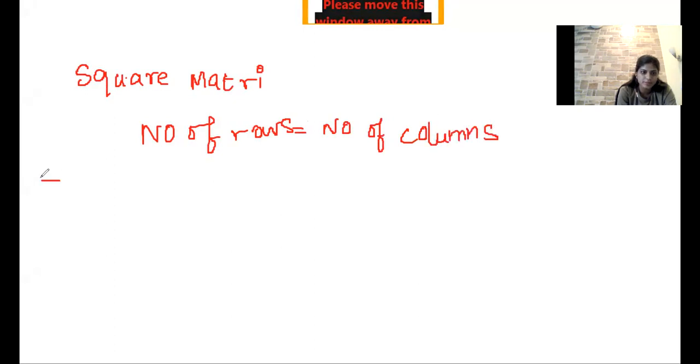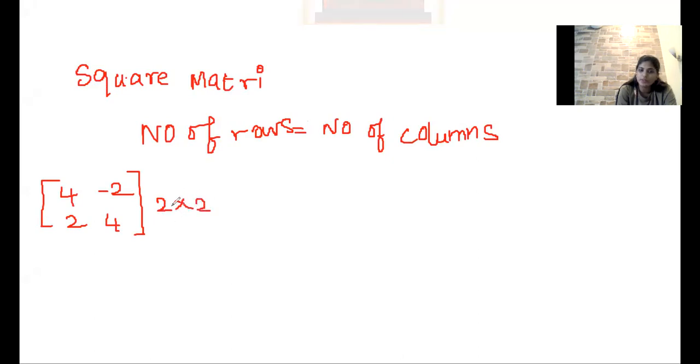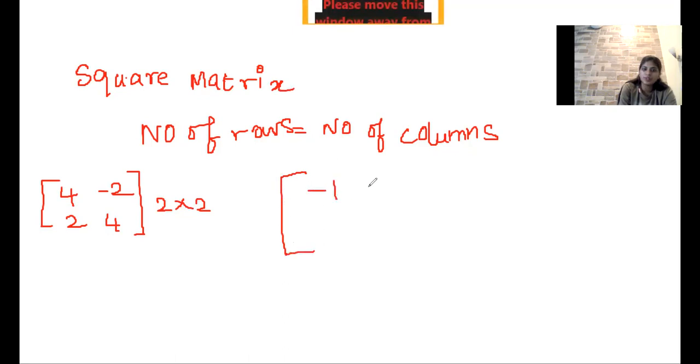For example, this is a 2 cross 2 matrix. In this, there are 2 rows and 2 columns. So number of rows equal to number of columns, so I can call this matrix a square matrix. And for 3 cross 3, you can write 9 elements.